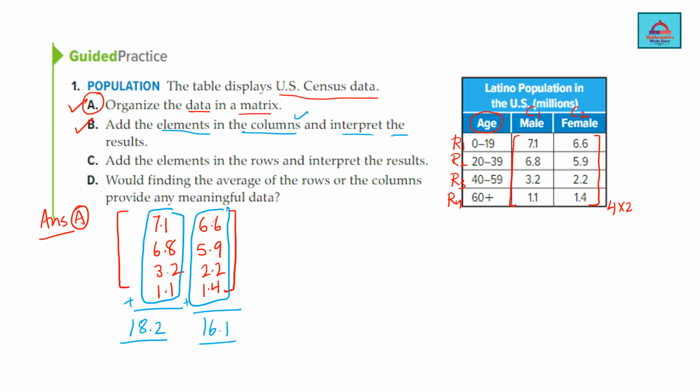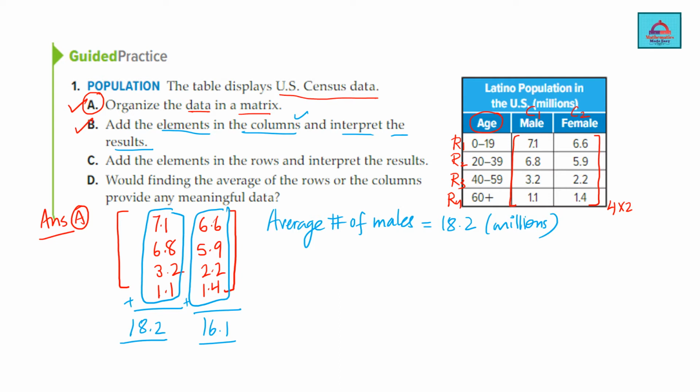Let's interpret the result. So what is the result saying? It is saying that for the age group 0 to 60, because we're taking all the rows and adding them up, the average number of males is 18.2. So I'm writing here: average number of males is 18.2, and the unit, not to forget, is in millions we are talking about.